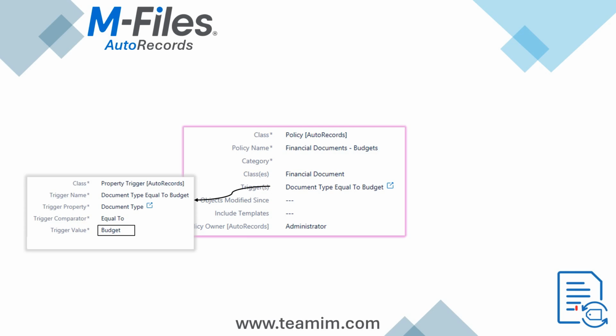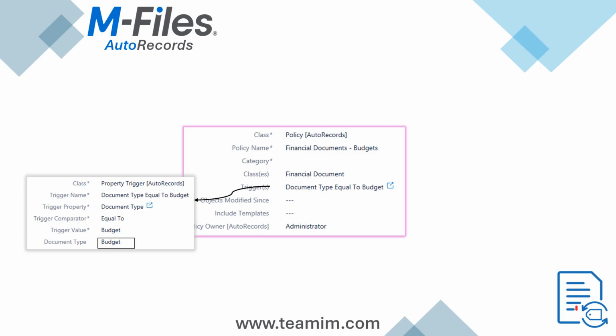So our comparison cannot be to a text value of budget, it must be to the ID assigned to that value. In order to do this comparison against the proper ID, we must manually add the property document type to the trigger property metadata card and select the value we want to use for comparison.